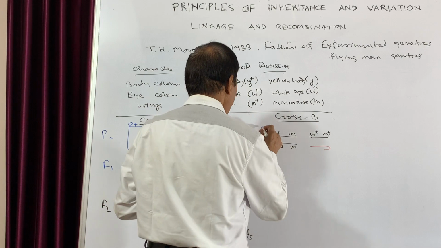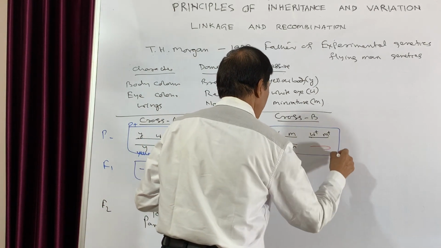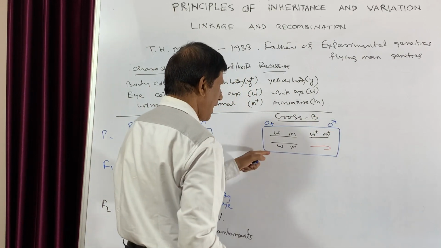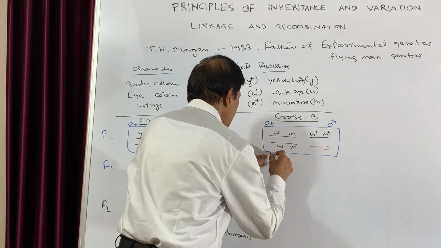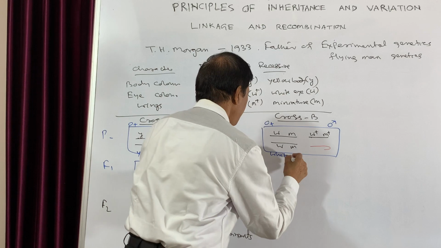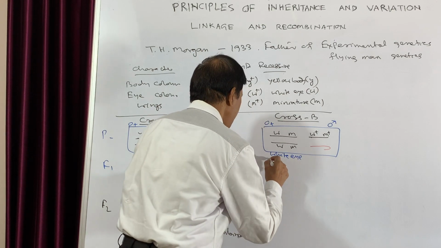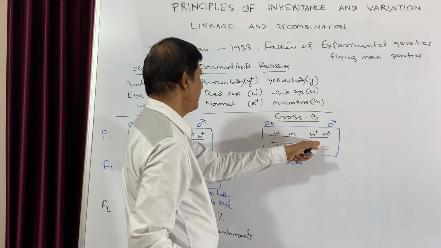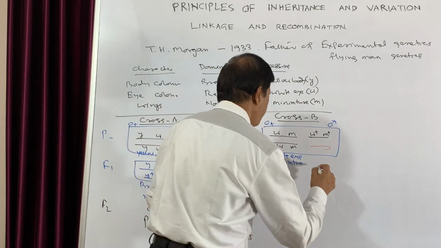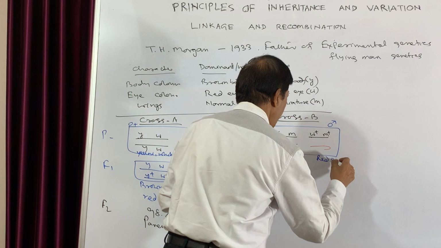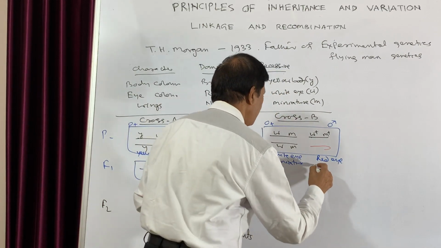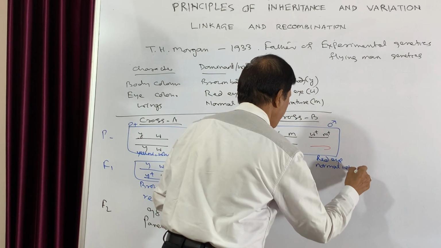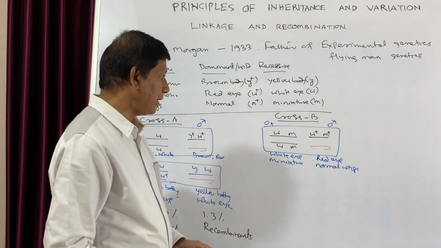So now you see, this is the female side, this is the male side, and this is white eye and miniature wings, while this one is red eye and normal wings. Now just like this, what will happen?